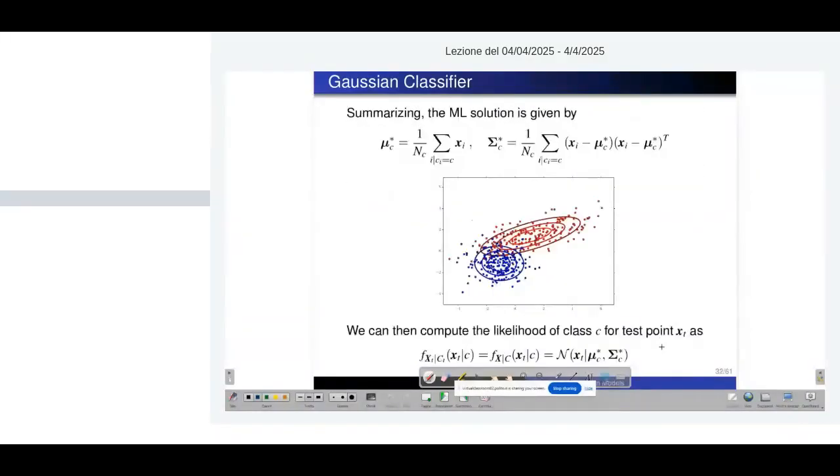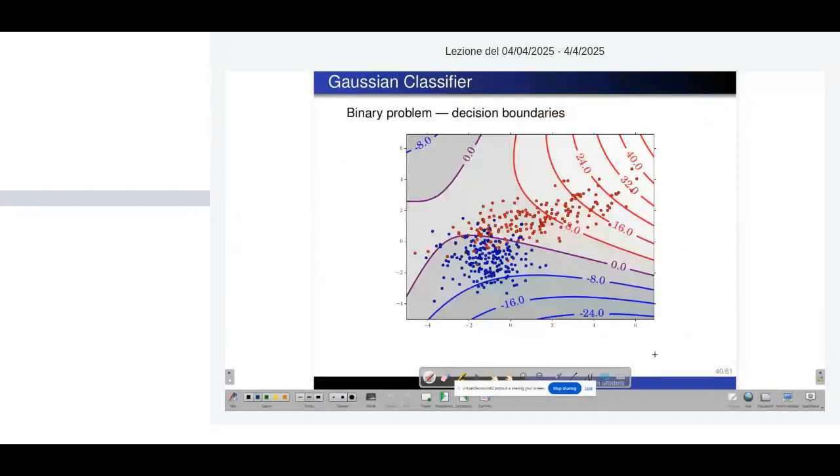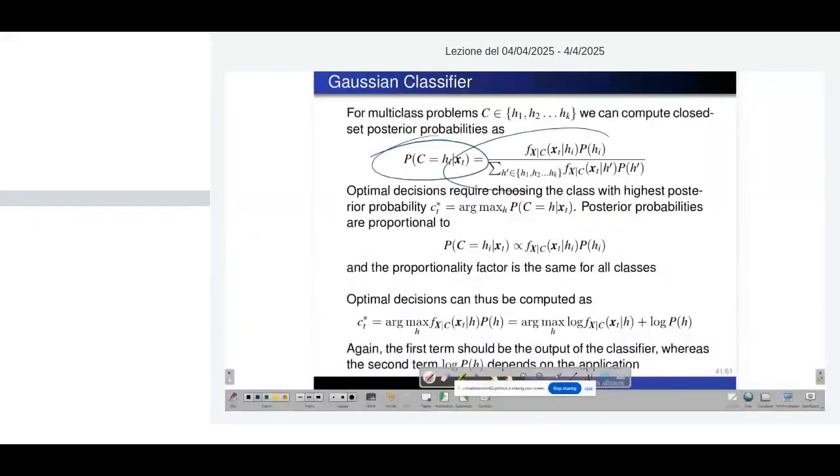For the multi-class problem, we would simply compute class posterior probabilities using the class conditional, that is what the model is able to provide for all classes, and the prior. So we test all hypotheses, and for each hypothesis, we compute the density that the point would have if it belonged to the class I'm testing.